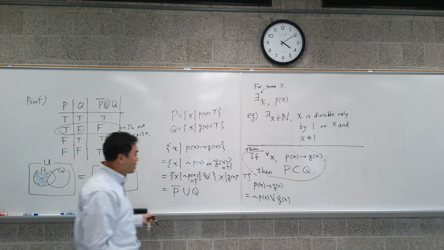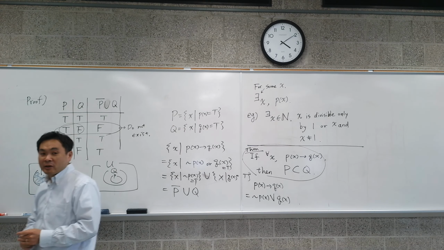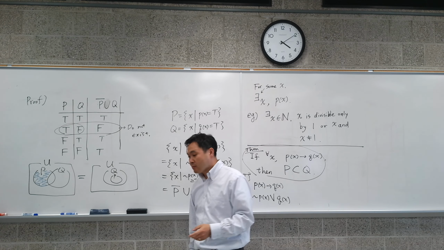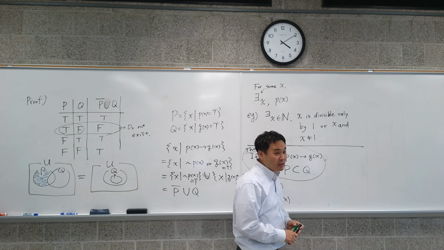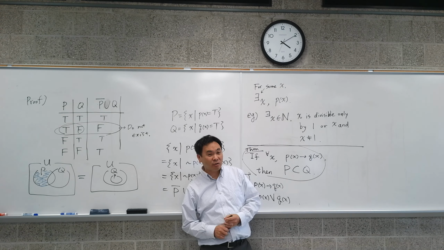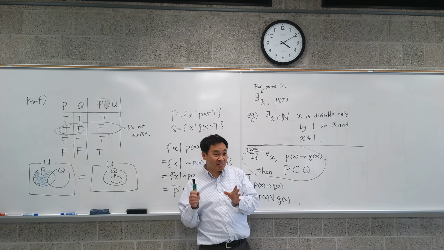Now, let me try to make sense of this theorem in a different way. I tried to explain that this proposition, if P then Q, in practice has two different kinds of if-then statements, right? There's an if-then-or-else kind of statement. It's like if you get 100 on the math test, I'll buy you a bicycle. That if-then also says or else, if you don't get 100, I'm not going to buy you a bicycle. That's tacitly in there, right?